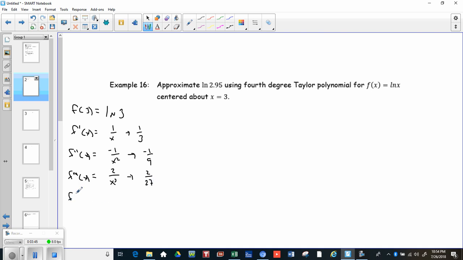And then we need a fourth derivative. Making that x to the negative 3 is going to give us negative 6 over x to the fourth. So that's negative 6 over 3 to the fourth, which is 81. And that does reduce. We don't really need to in this case. So we have the terms that we need.